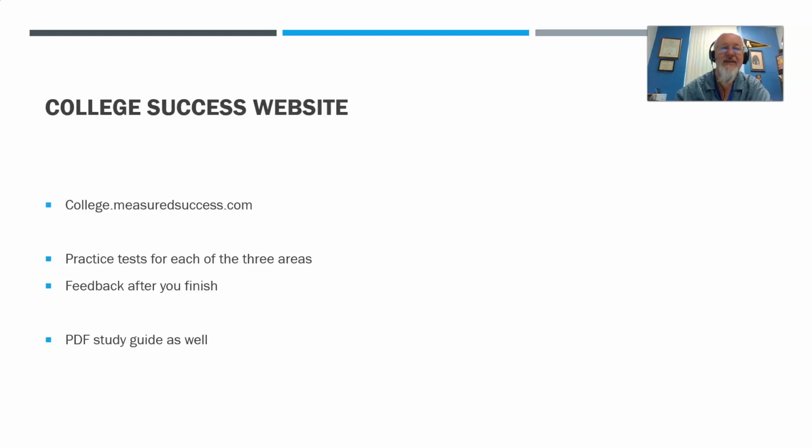Okay, the College Success website, college.measuredsuccess.com. It has practice tests, brief practice tests in each of the 3 areas, and you get feedback after you finish. This is one of the best places to practice because the layout of the screen and everything is exactly like it's going to be the day you take the PERT. There also is a PDF study guide.